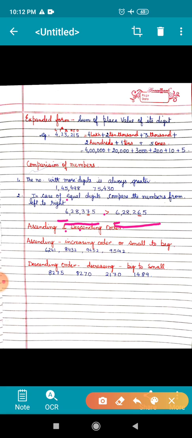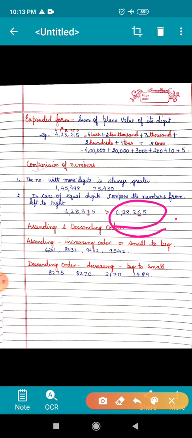The second digit is 2, again you cannot decide, so you move forward. The third digit is 8, again you cannot decide, so move forward. The next digit is 3, and in the second number 2. So here you can decide, 3 and 2. Obviously 2 is smaller, so 6,28,265 will be the smaller number.